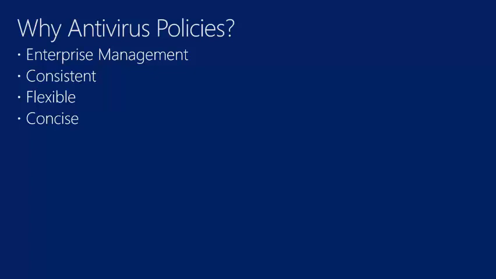And so it can sometimes get a little bit confusing to bring all of the right policies together for a given function. So antivirus policies are built to do that. You're going to find some of the same settings in your antivirus policy that you might find in other places, such as in Device Configuration Policy.